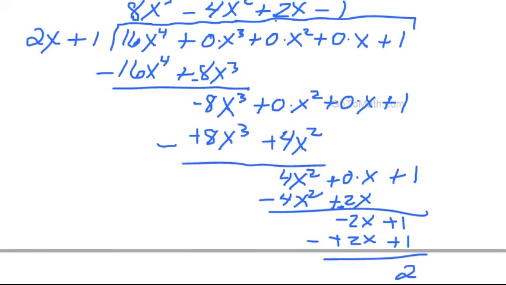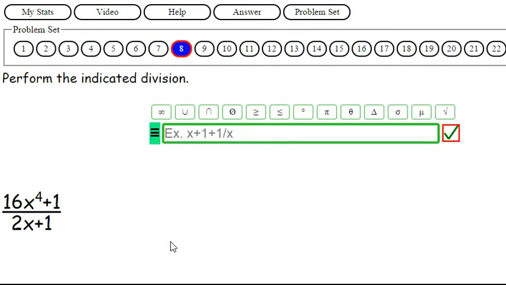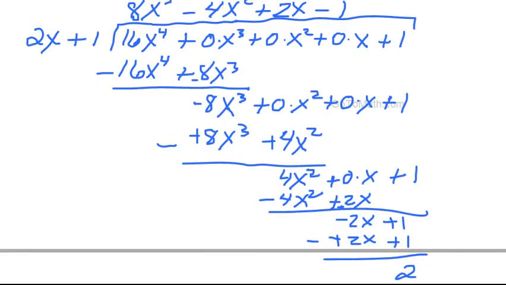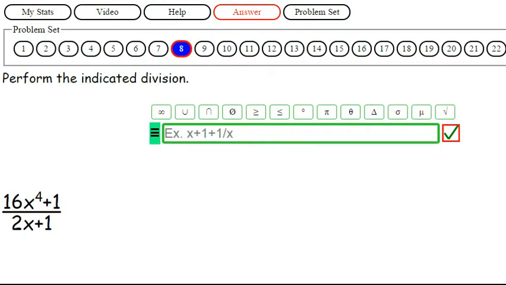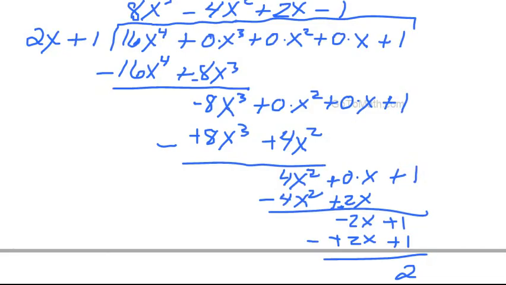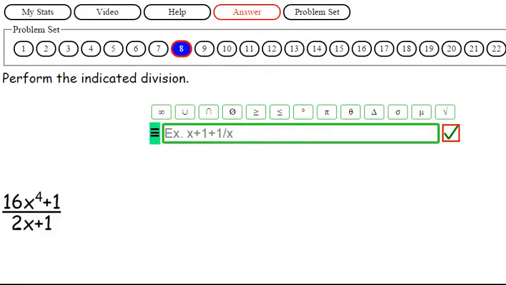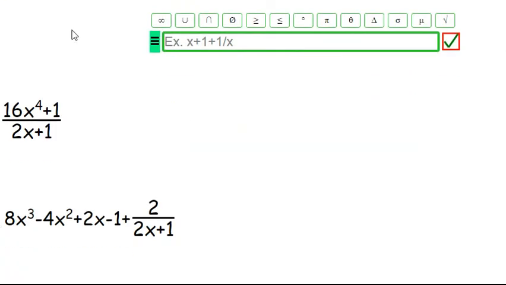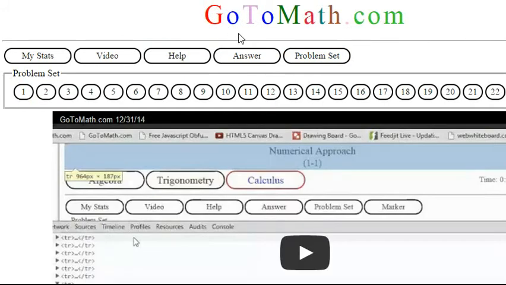So we're going to end up with 8x cubed minus 4x squared plus 2x minus 1 over 2x plus 1. Let's see what happens here. Yeah. Okay, well that agrees with what I had anyway. So we're over here at gotomath.com, getting it worked out, see you in the next problem.